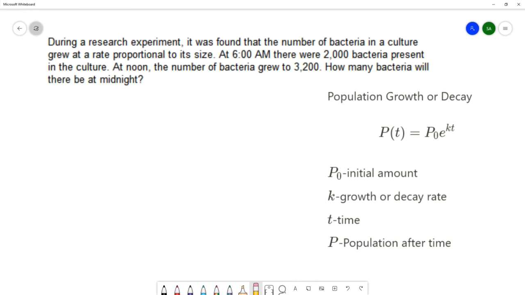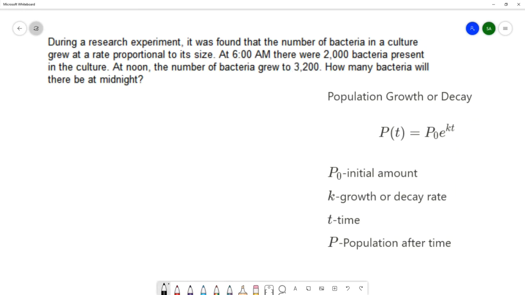So in this problem, we need to establish what the value of k is, what the growth rate is. And we're going to use this information about the size of the bacteria population at 6 a.m. and the size of the bacteria population at noon.